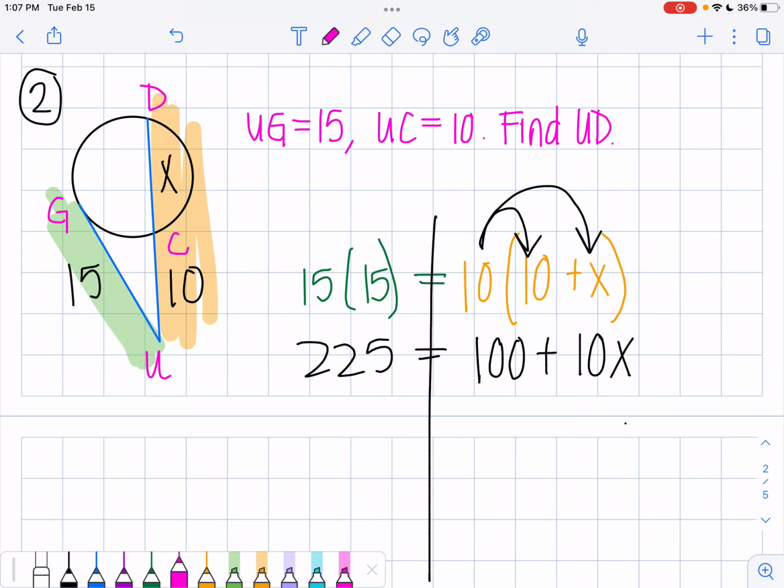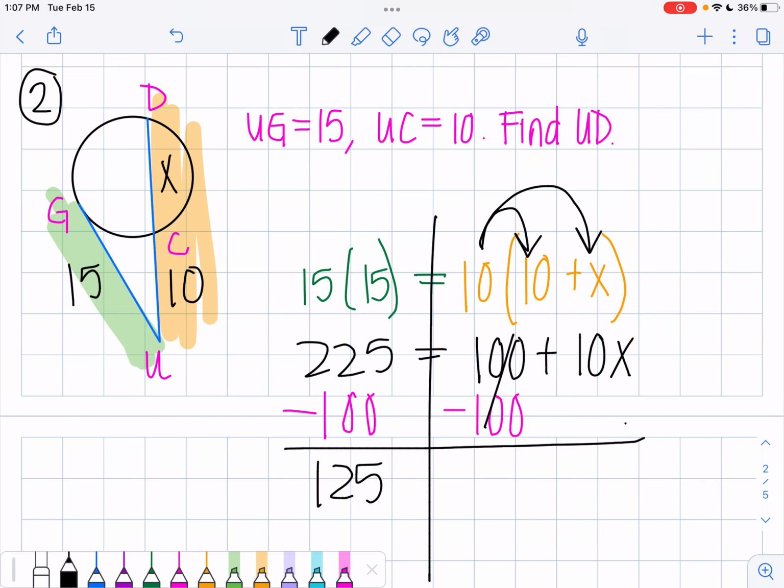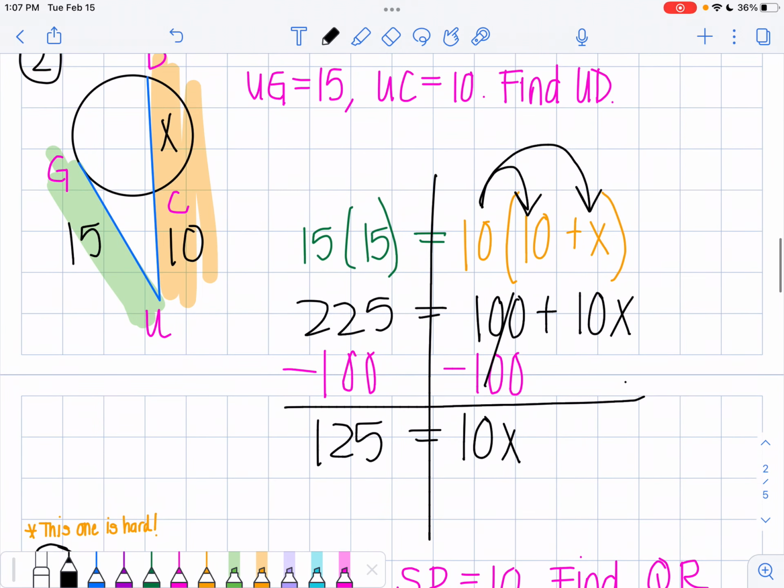To get x on a side by itself, first I have to subtract 100 from both sides. So I get 125 is equal to 10x. And to get x on a side by itself, I'm going to divide both sides by 10. So I get 12.5 is equal to x.